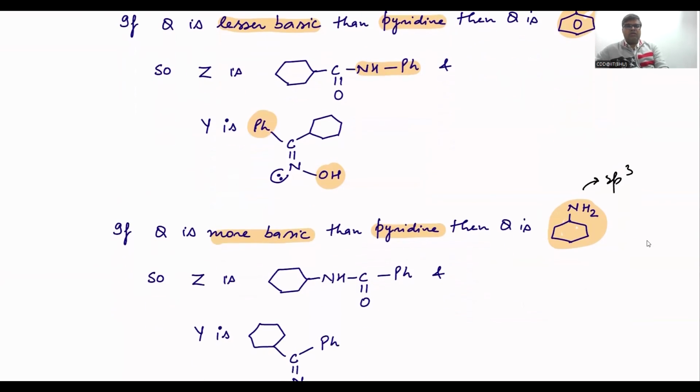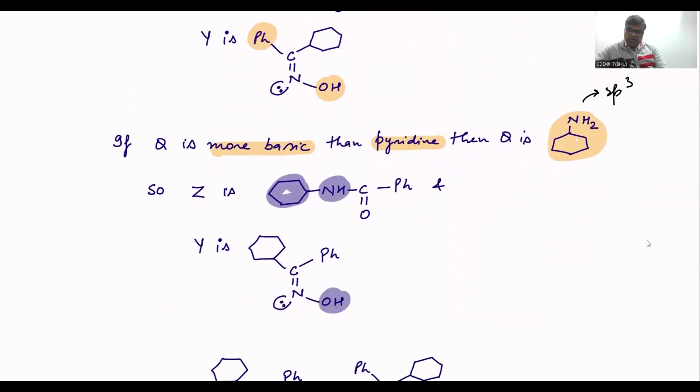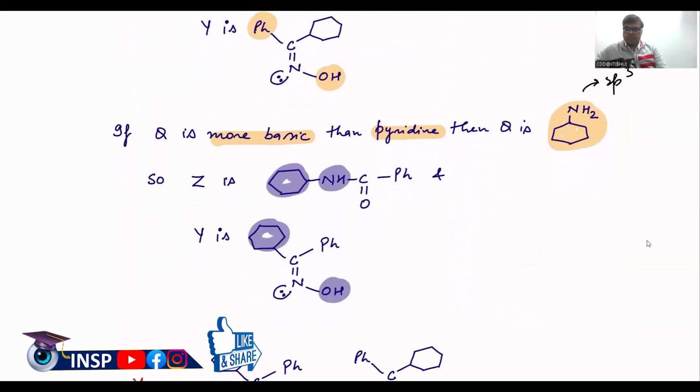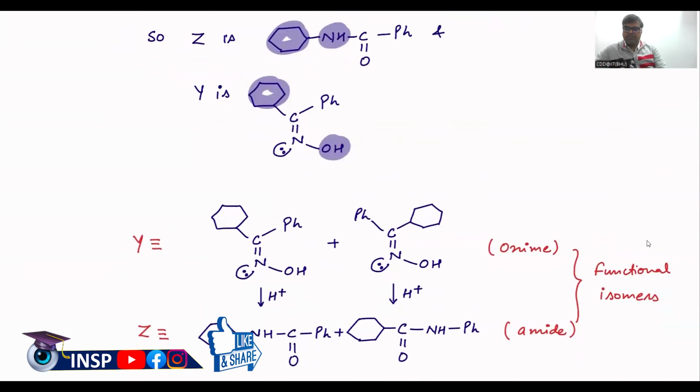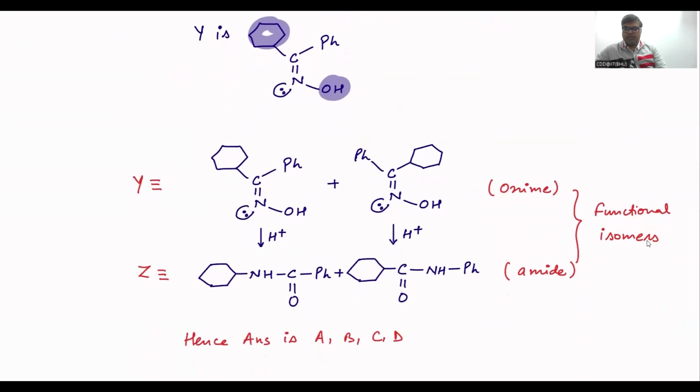So pyridine is less basic than Q, or Q is more basic than pyridine, it's the same thing. So once this is Q, then in the case of Z, the NH group will be bonded to the cyclohexane ring, and then Y will be the compound where OH will be anti to the cyclohexane. So now you can clearly see these are the two possibilities of Y and Z.